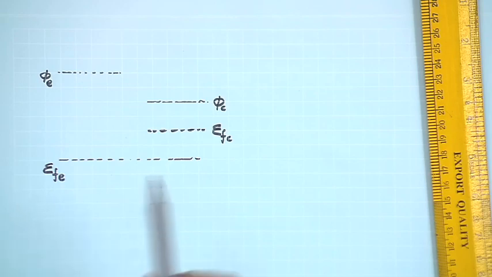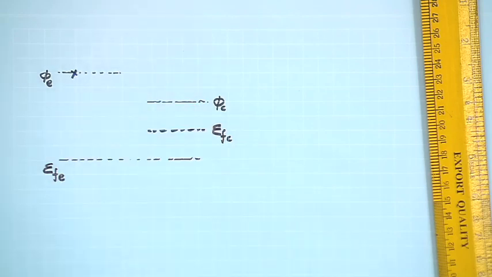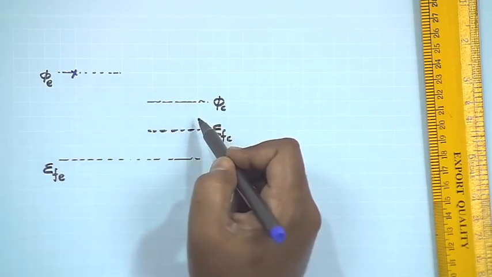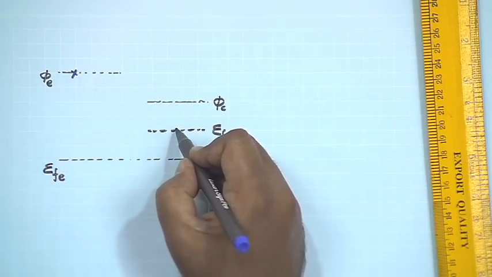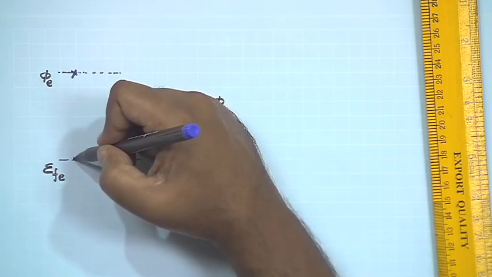So, therefore, what happens? If an electron goes to this level, it will dissociate from the surface and go to the collector, where it will give up the energy and come down to this level. Okay. So, I will draw it in this manner.